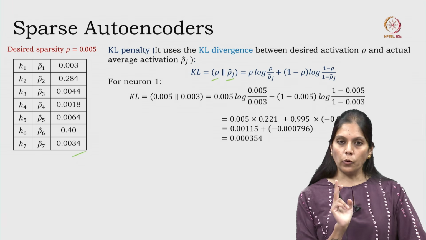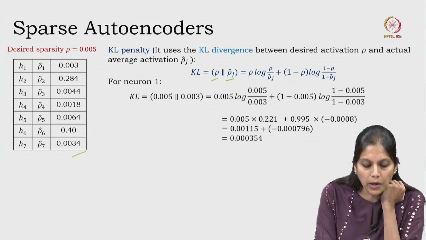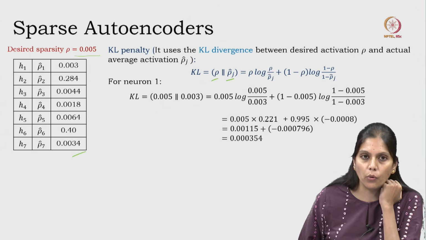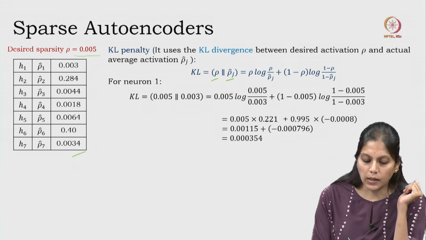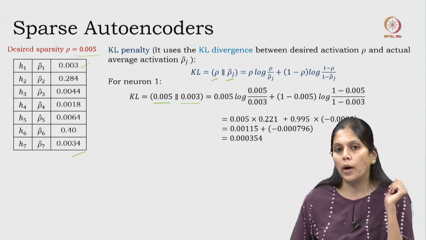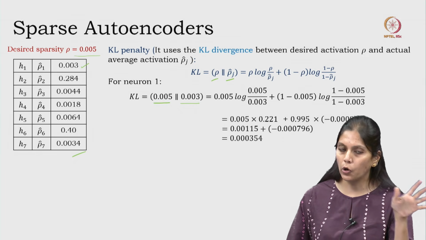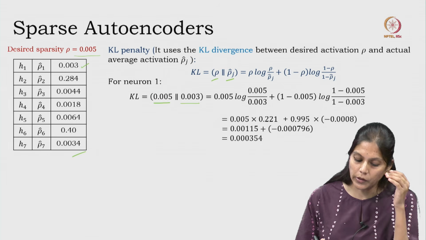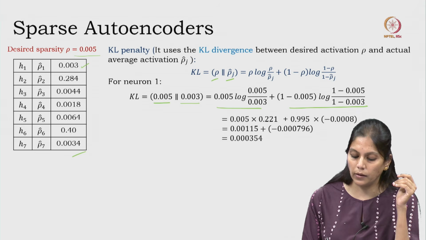I am showing you one example, and the remaining I am writing directly. So here the rho value is 0.005, and 0.003 is rho hat. What is rho hat? It is the average activation of that particular neuron. So just substitute the values. You are going to get this value.